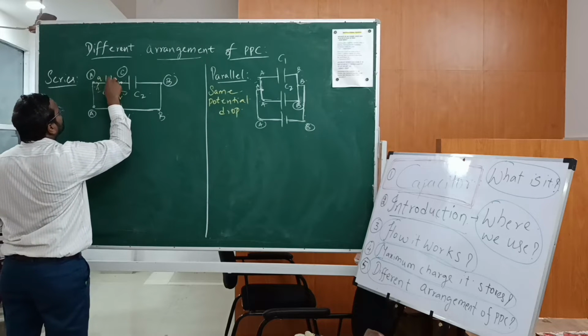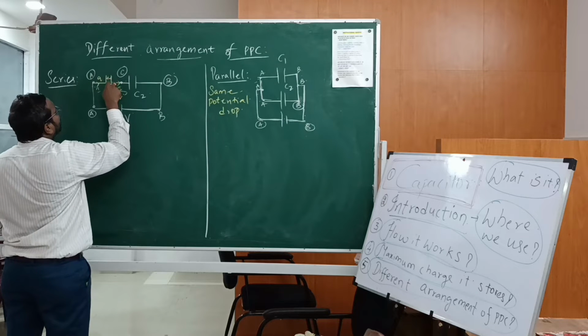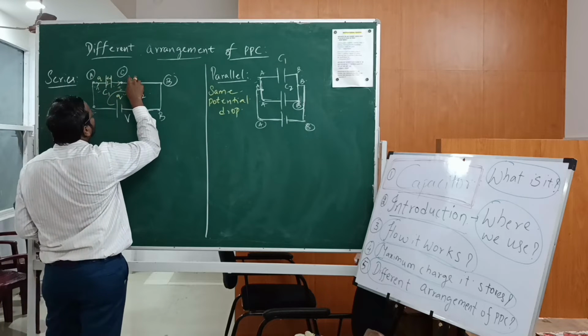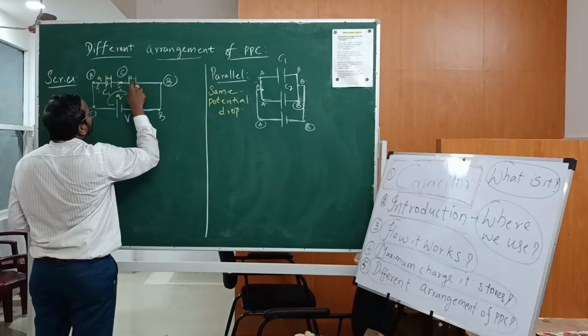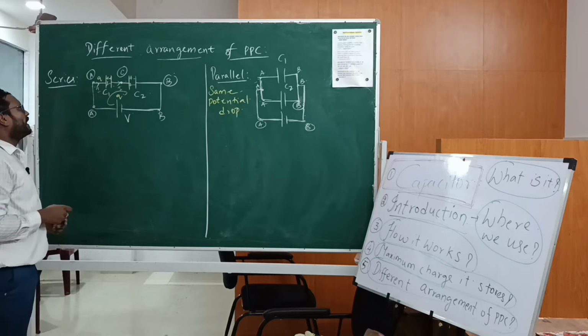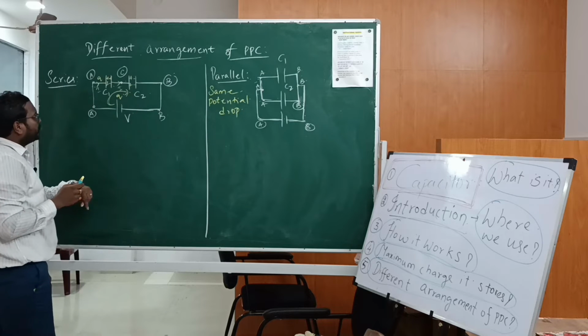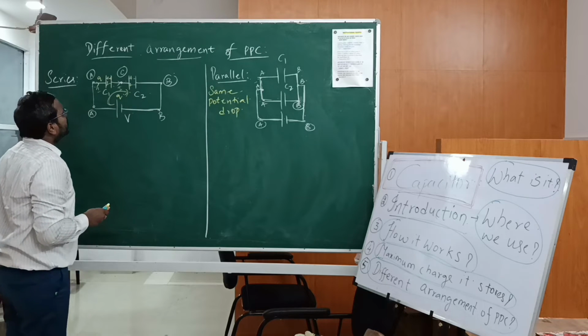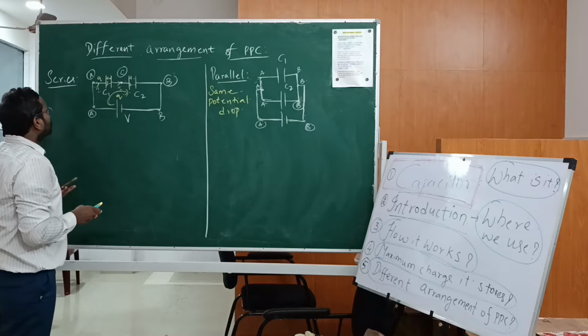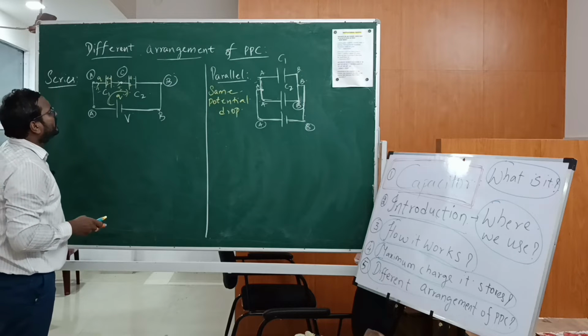In series, what is going to remain the same here? The same current will be there, so the same charge will be flowing through the entire circuit. There is going to be positive charge, and this is going to be negative charge, because this positive terminal is connected to the higher potential and this is the negative terminal. So the same charge will be stored in series connection.